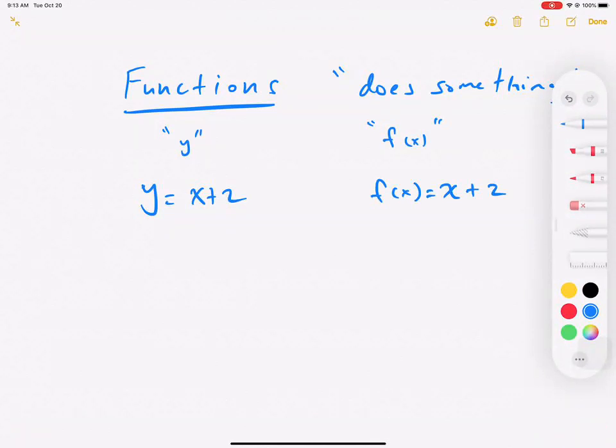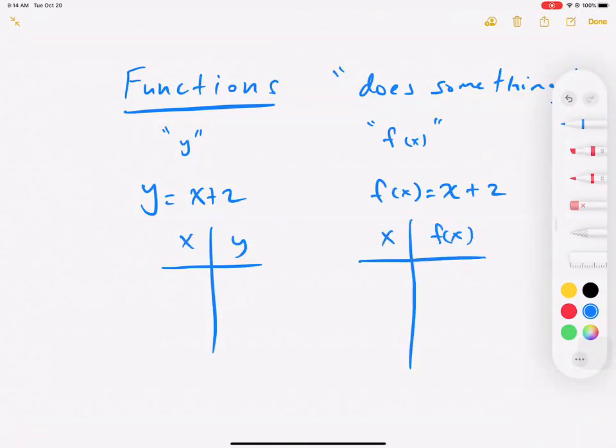So we're going to create a table, an x and y table. Our x and y table, and our x and f of x table. And what we're doing is we're logging what does this function do to my problem?